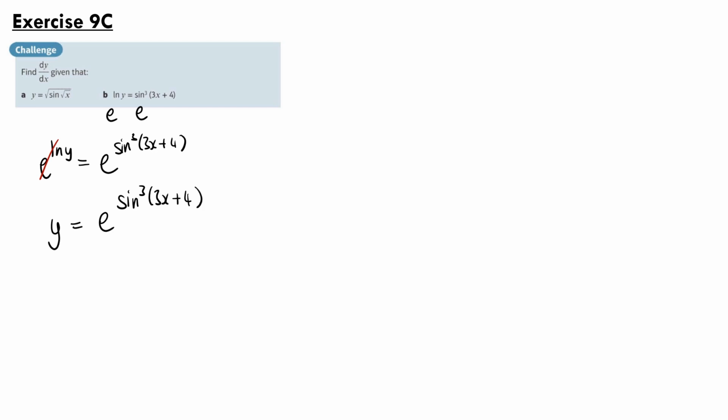Then we could differentiate from there, or if you know how to do implicit differentiation, we could take the derivative of both sides of this equation.